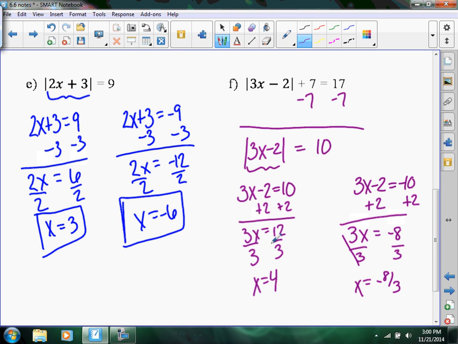So if I take 4 and substitute back in for x, 3 times 4 is 12, minus 2 is 10, absolute value of 10 is 10, plus 7 is 17. Okay, so that works. Now if we do that for the negative 8 thirds, remember negative 8 thirds times 3 over 1 is basically going to cancel out the 3's.